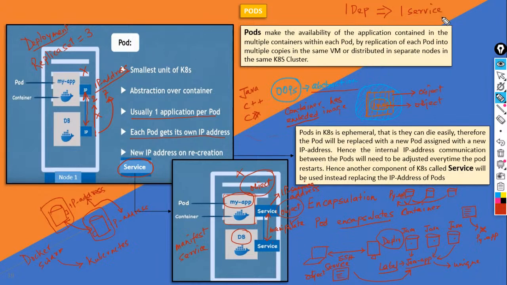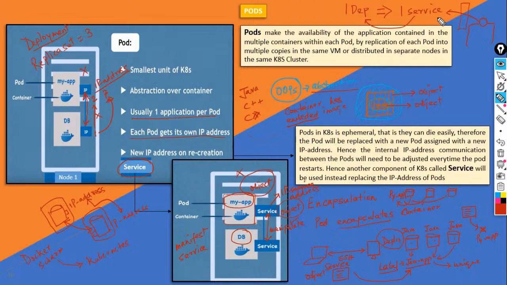That service is important because the users will connect to this service. This service will take you to this pod. How you connect to this service is another chapter, through the ingress controller, which has the rules.